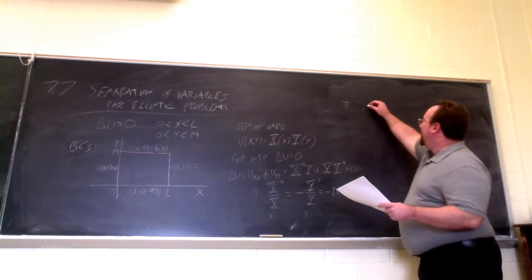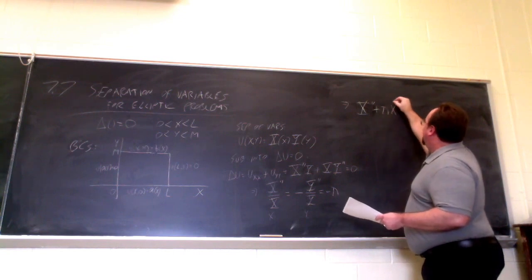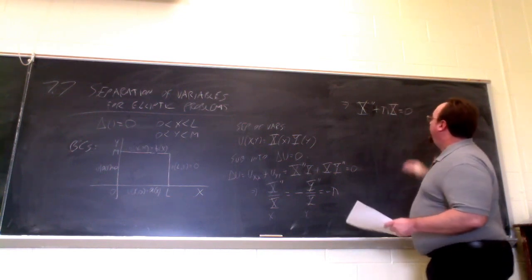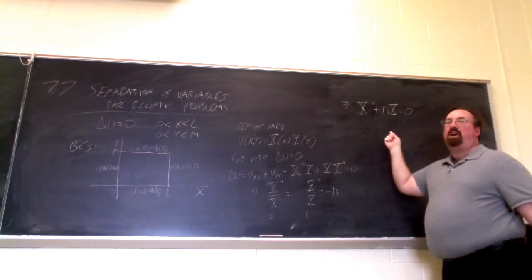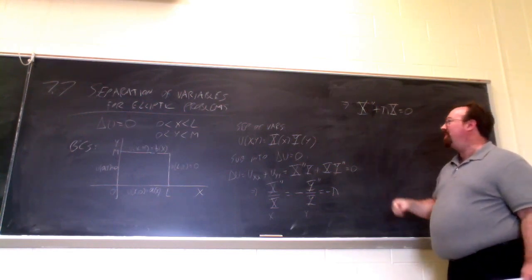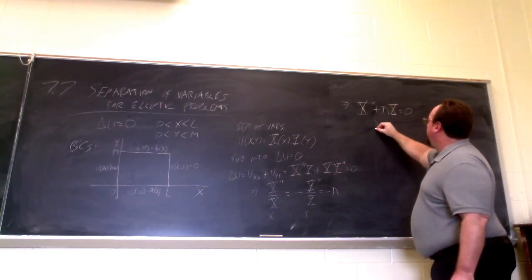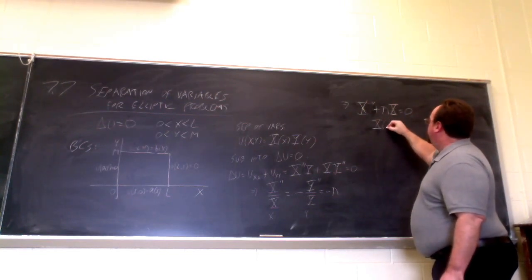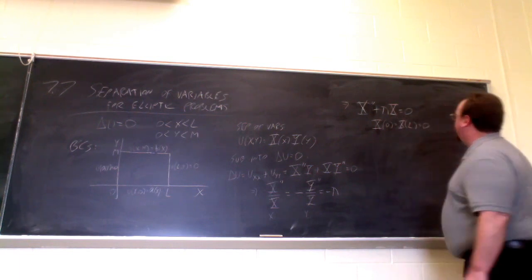Okay, so we have big X double prime plus lambda big X is 0. And we've seen this problem a zillion times. We know what the solutions are, with boundary conditions big X of 0 and big X of L are both 0.